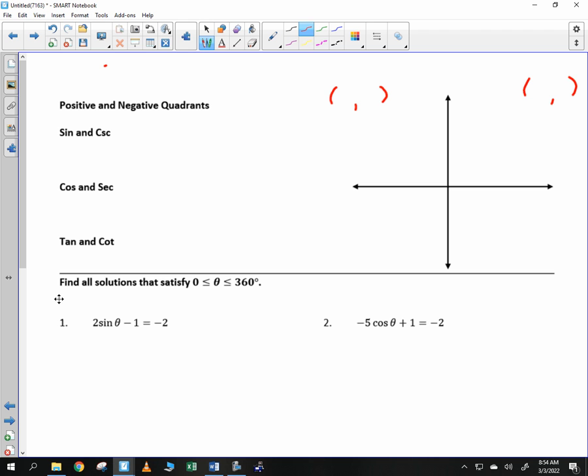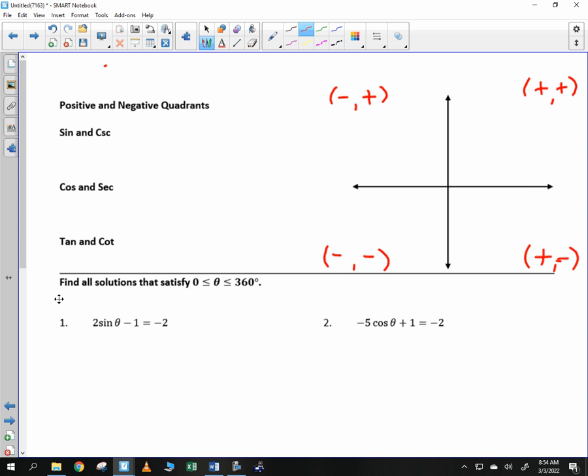The coordinates in the first quadrant are positive and positive. How about in the second quadrant? What do we have? Good, negative, positive. Third quadrant? And in the fourth quadrant? Good, positive, negative.